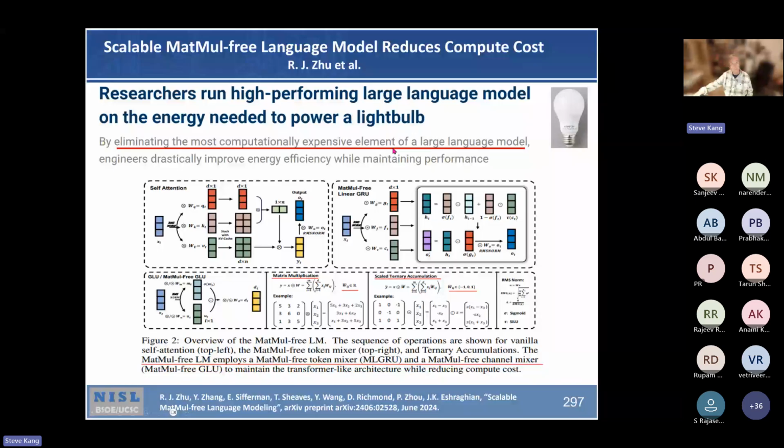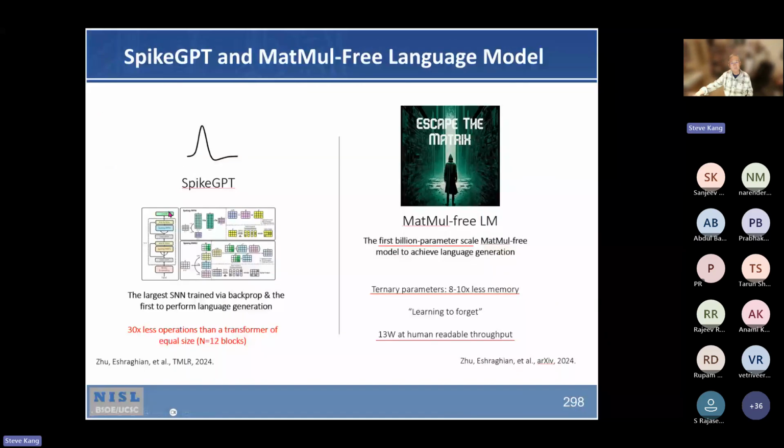By using different things, you can avoid the multiplication, thereby reducing power consumption to light bulb scale. This is a very exciting one. It was received very well. They published in June last year, about a year ago. So this is SpikeGPT and so on.